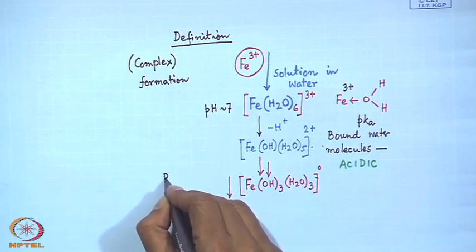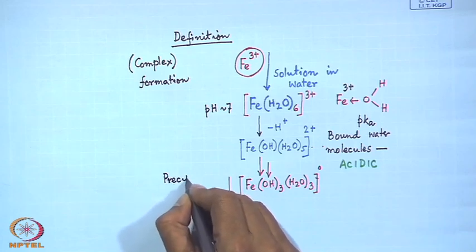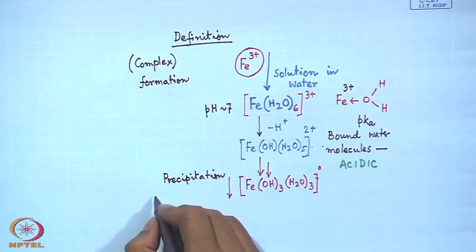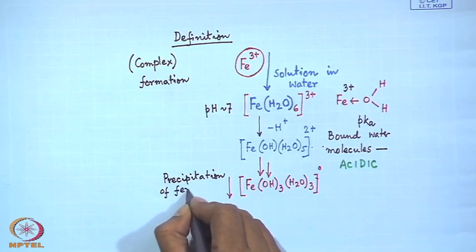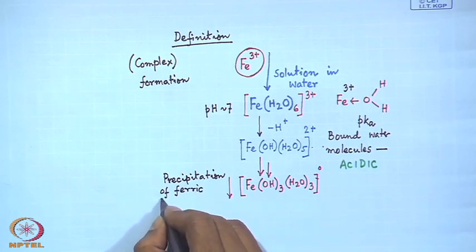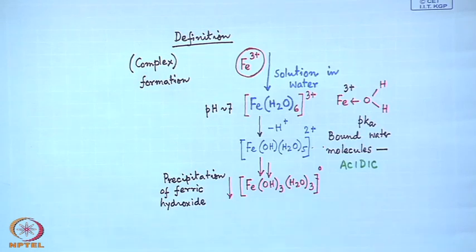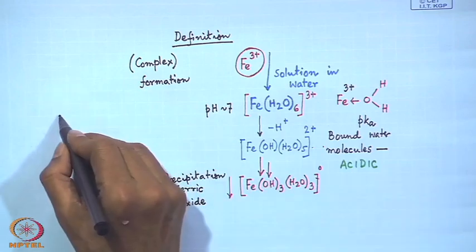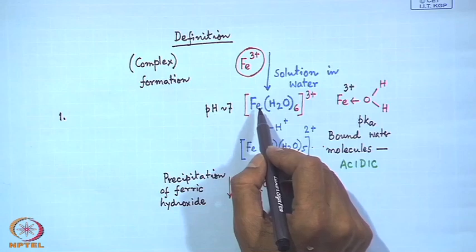So this particular condition we will call precipitation of ferric hydroxide.